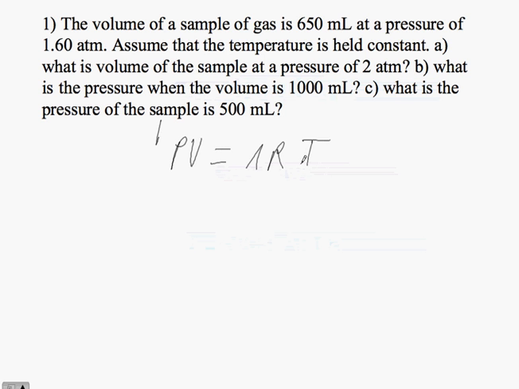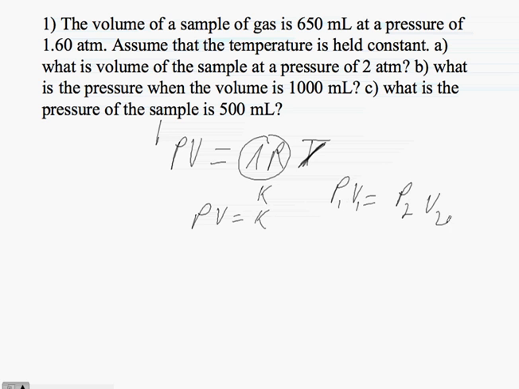So if temperature is held constant, then this nR is also considered a constant, which allows us to have PV equal to K, and if PV is equal to K, that means that we have P1 V1 equal to P2 V2, and whenever we have this particular relationship, we know that we have Boyle's law.